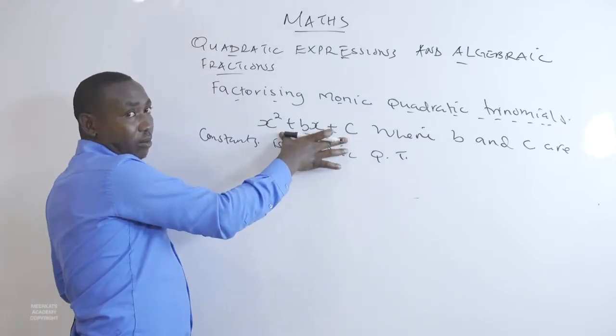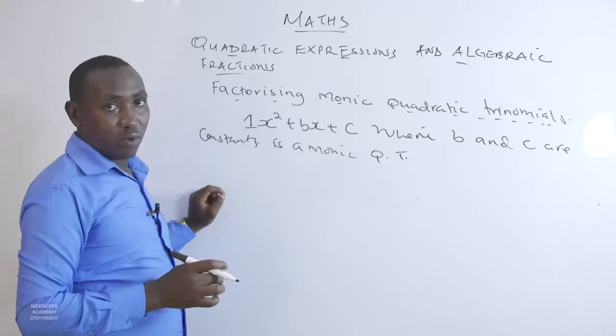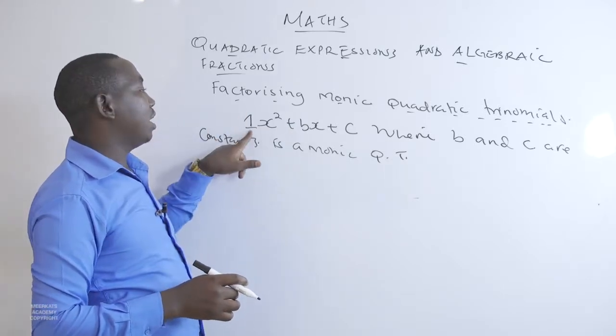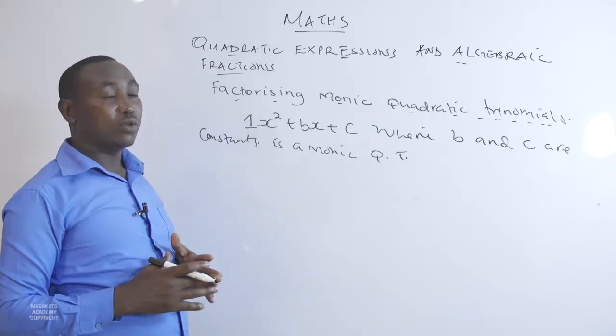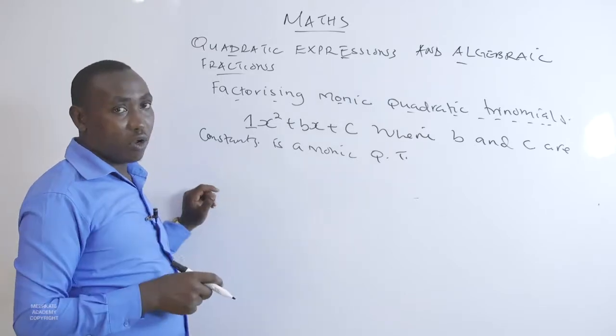One, it has three terms, then the coefficient of the first term or the highest power of x should be 1. So in this particular case, we refer to it as a monic quadratic trinomial.